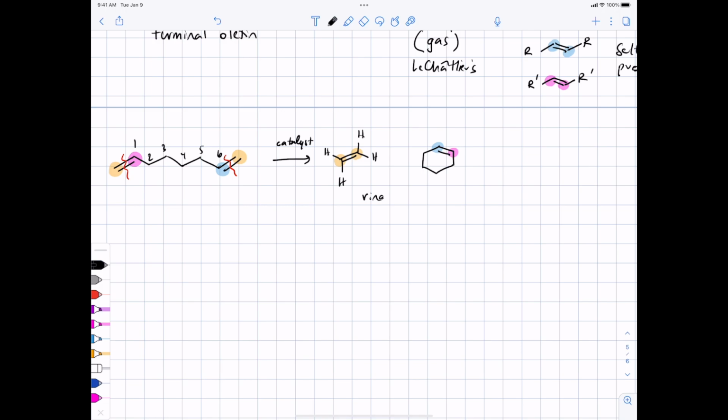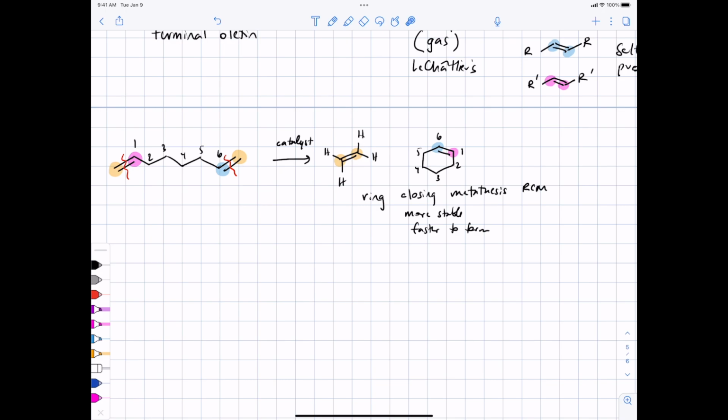This is called ring closing metathesis, or RCM. And 1, 2, 3, 4, 5, 6, and that's going to be more stable and faster to form than any of the other products you could imagine.